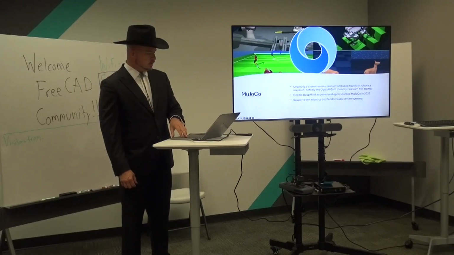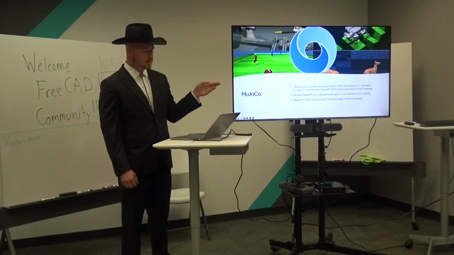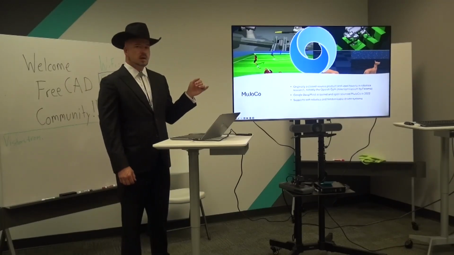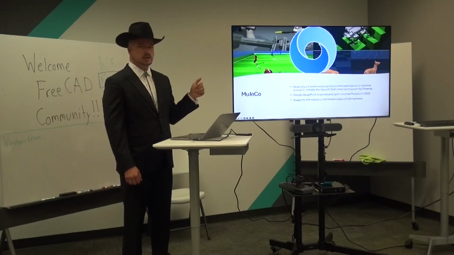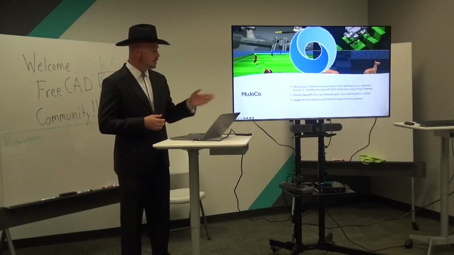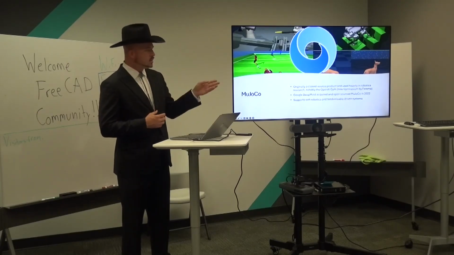All right, MuJoCo. This one was originally a closed source product that was recently open sourced in 2022. It was featured very heavily in the OpenAI Gym, so if you competed in any of the OpenAI gyms, this was the physics engine that they were using behind the scenes. This one's pretty elaborate.